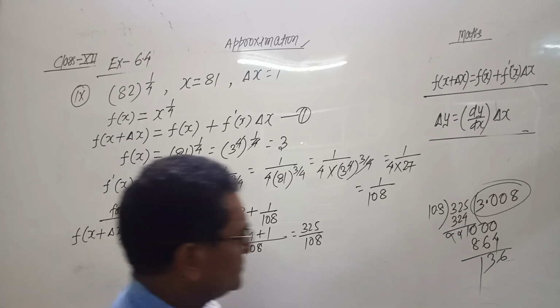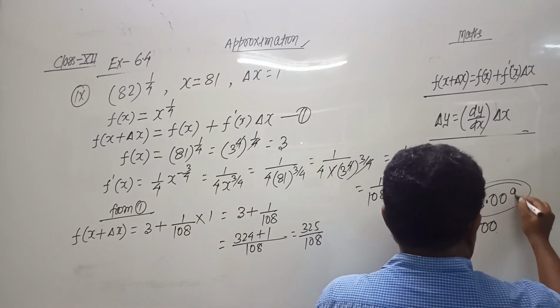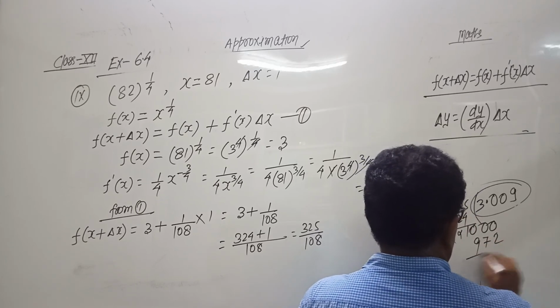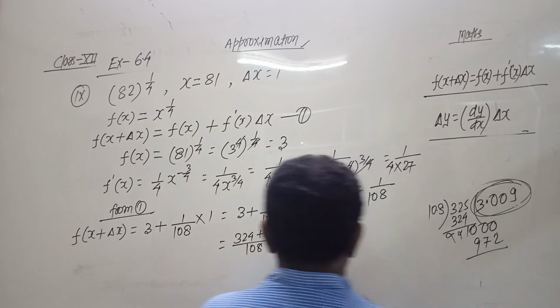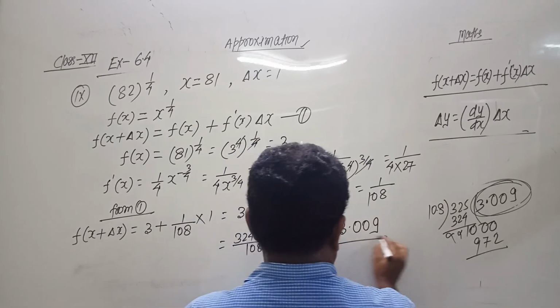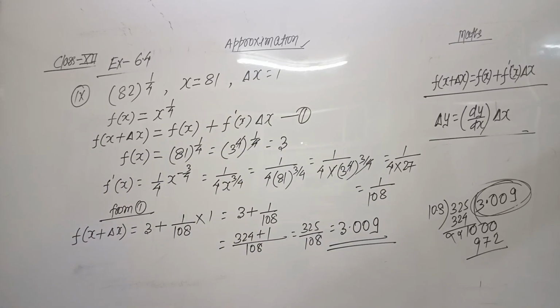It goes by 9. So the result is 3.009. So this is the approximate value of 82 raised to the power 1 by 4, which equals 3.009.